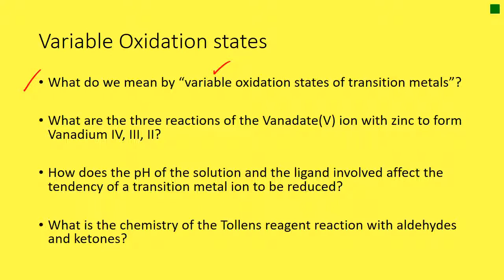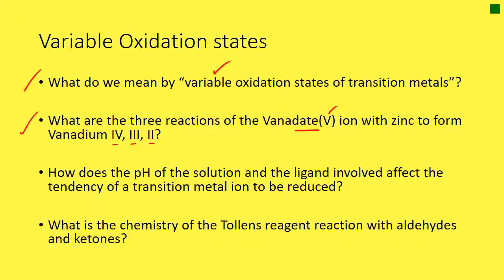And we looked at those 3 reactions to start off with, the vanadate ion, involving the 5+ oxidation state, and we reduced that first to the 4+ oxidation state, and then the 3+, and then the 2+, and saw the corresponding color changes.